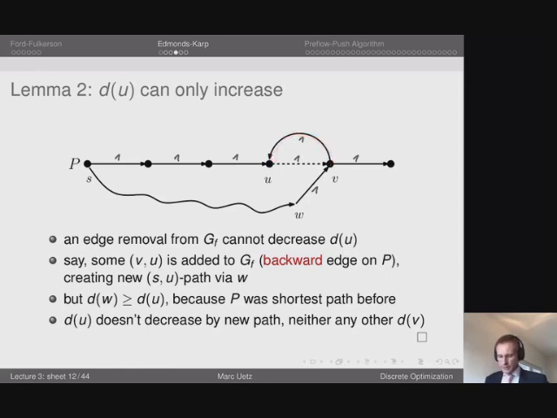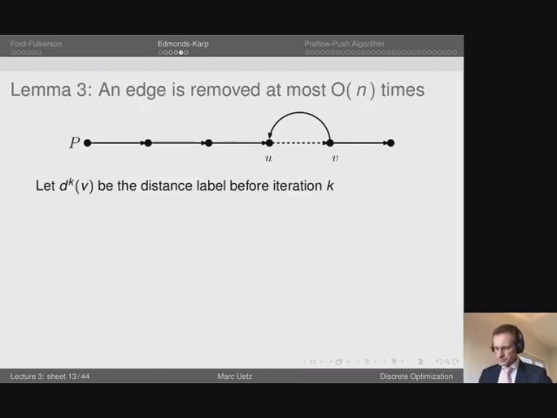And then inductively along the path, the same is true for all the other vertices on that augmenting path, and hence also for all the vertices of the graph. So in terms of distance from the source vertex, all the vertices move further and further away in the course of the algorithm. And now let's look at the third lemma, lemma number 3.